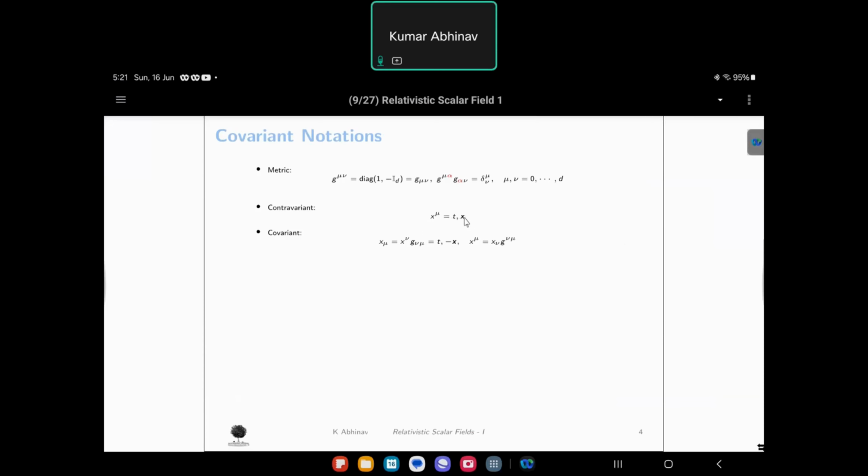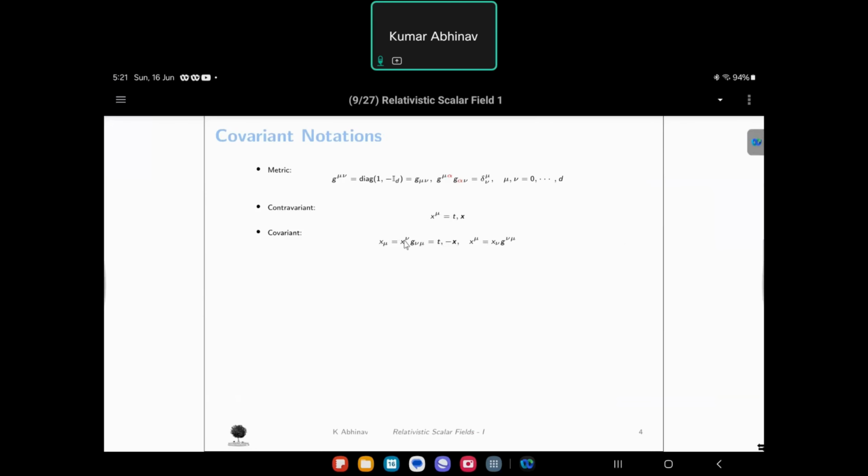And the index stays as a superscript. Equivalently, you can construct a covariant vector where this index stays downstairs, and it's basically the time and the negative of the position vector.